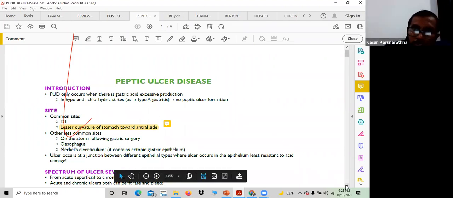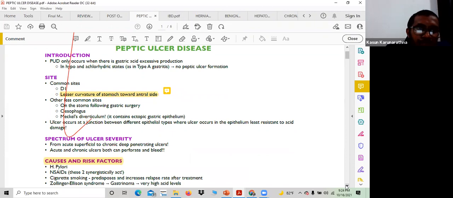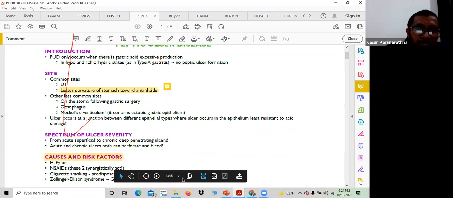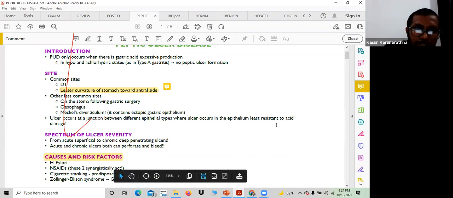Common sites are D1 and the lesser curvature of the stomach towards the antral side. Other less common sites are the stoma following gastric surgery, esophagus, and Meckel's diverticulum. Ulcers occur at the junction between different epithelial types, where the epithelium is least resistant to acid damage.